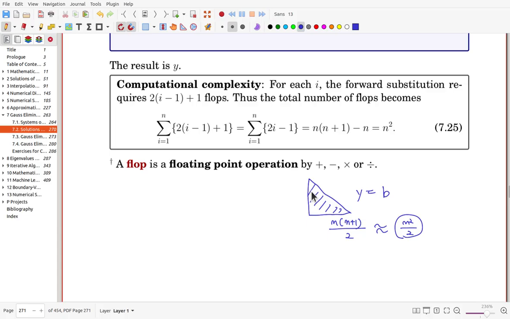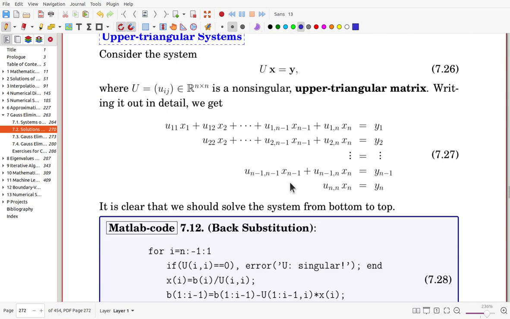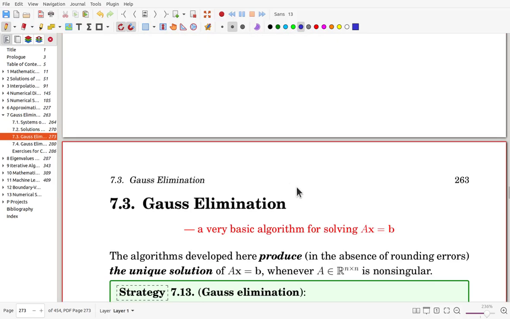So for each entry you need two operations. There are about n squared over 2 entries, so the number of flops must be of order n squared. It cannot be smaller than that. Also, for the upper triangular system, we can claim the same, that it is a kind of optimal algorithm. That's the end of the section. Thank you.